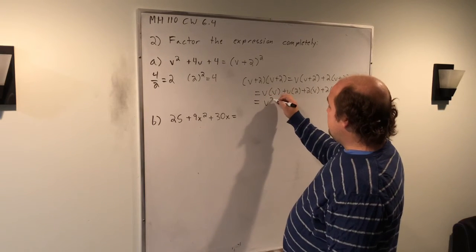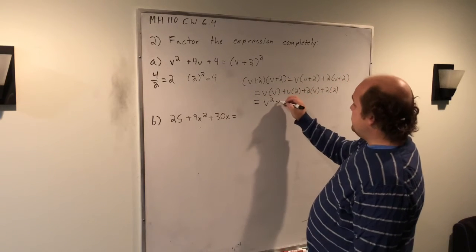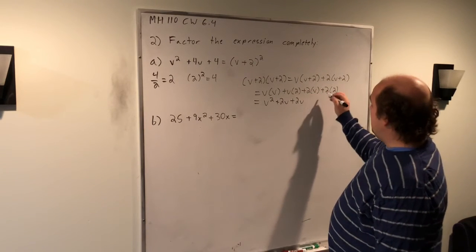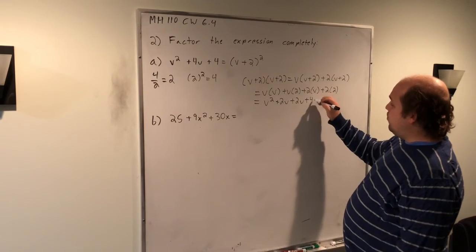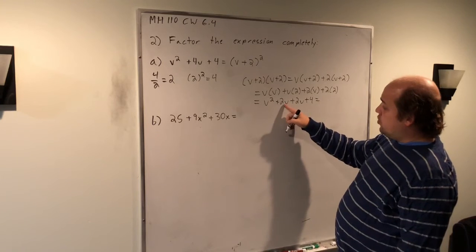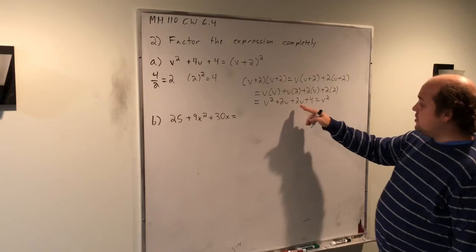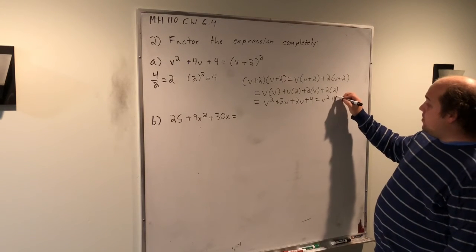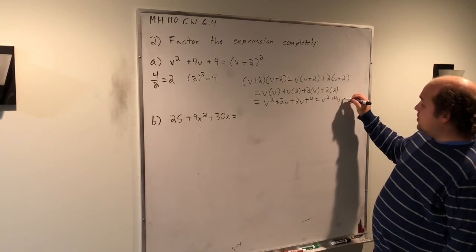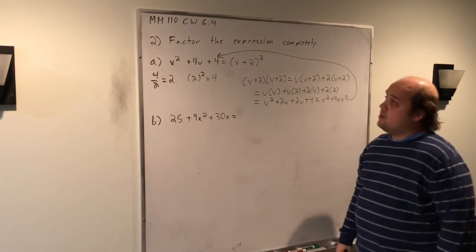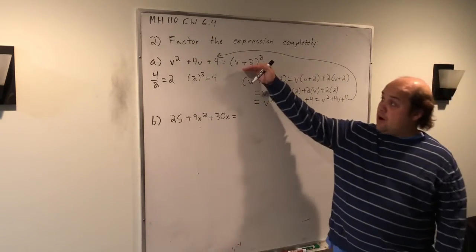V times v is v squared, v times 2 is 2v, 2 times v is 2v, and 2 times 2 is 4. When I combine the middle term, 2v plus 2v, this v squared stays, these two v's combine to give me a total of 4v, and then I still have this plus 4, which was exactly where we started. So this is the proper factored form.